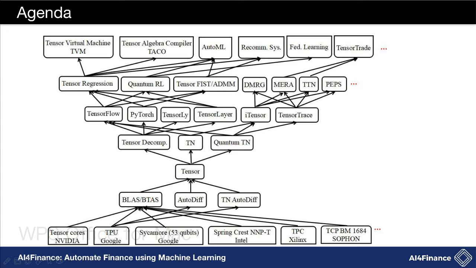Layer 6, machine learning algorithms and models. There are active research on designing tensor-based machine learning models, including tensor regression. In physics, there are DMRG, TTN, MERA, PEPS algorithms.